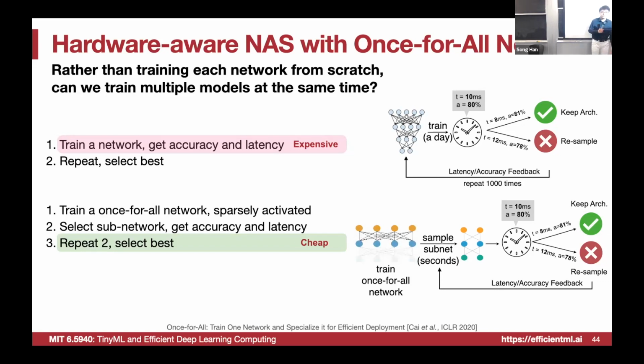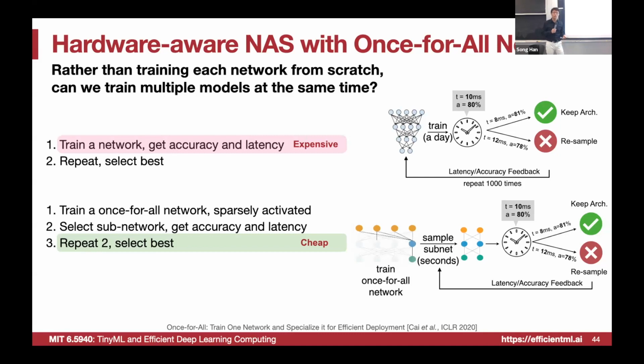And we have to prevent different kinds of smaller neural networks from interfering with each other so they can operate independently. And we select a subnetwork, get the accuracy and latency. If it's satisfying, then we are good. If it is not satisfying, we sample another subnetwork and measure the latency and accuracy.